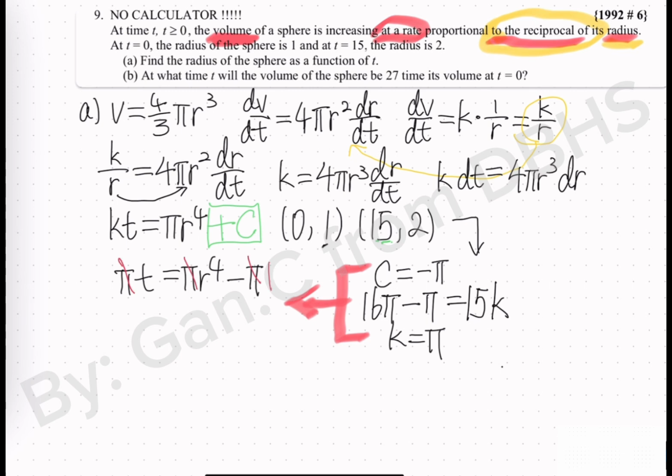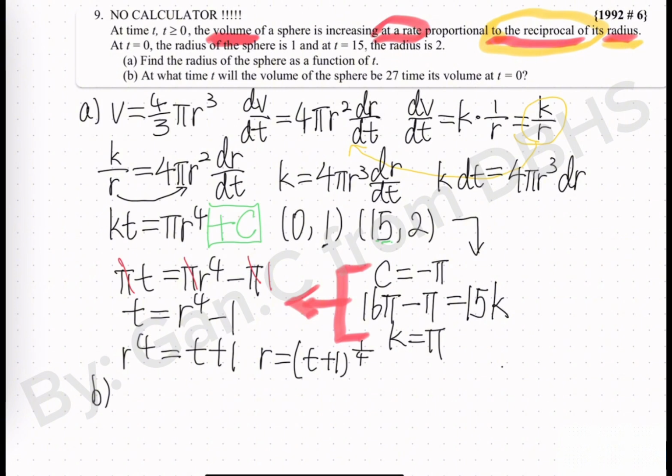So that will make it t equals r to the fourth minus 1. So r to the fourth equals t plus 1. You can stop there. Of course, if you prefer to simplify, you can also put r equals (t plus 1) to the 1 over 4. It's all good.